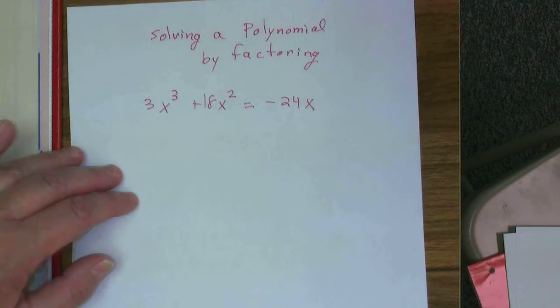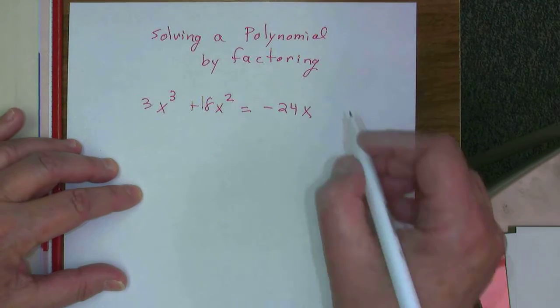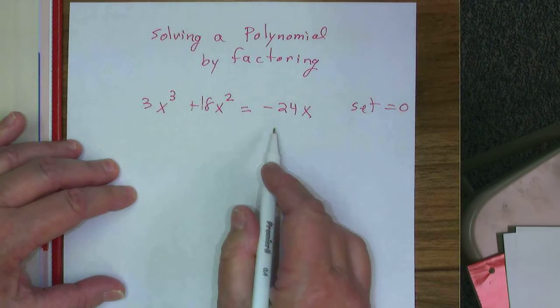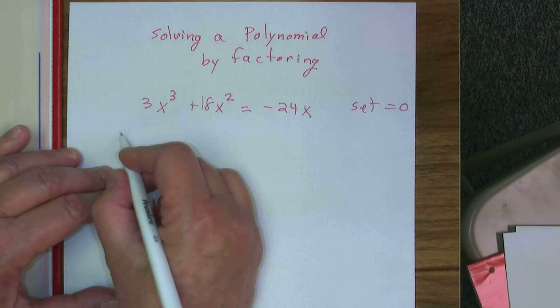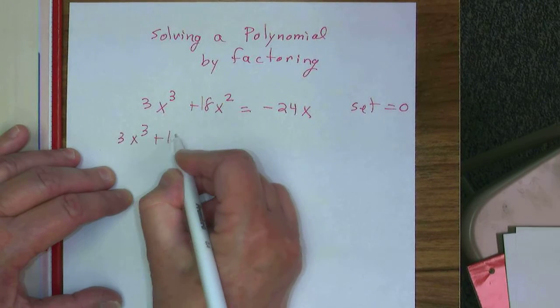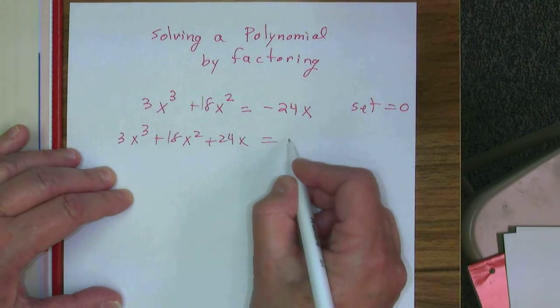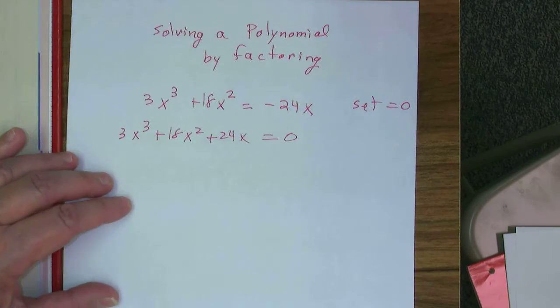First thing, always, needs to be set equal to 0. So let's add the 24x to both sides. 3x cubed plus 18x squared, we're going to add 24x equals 0. Move this to the other side.